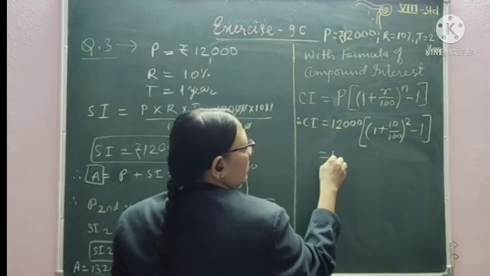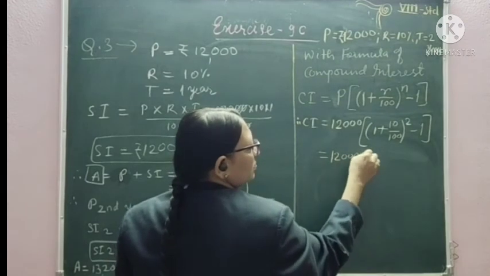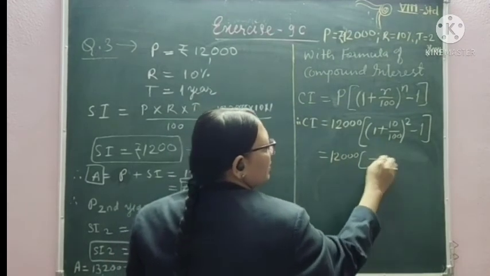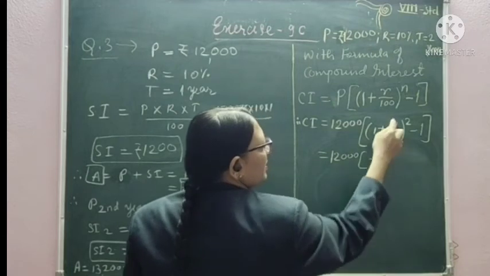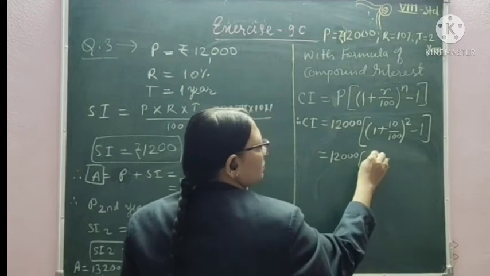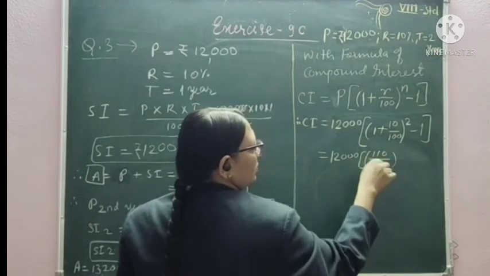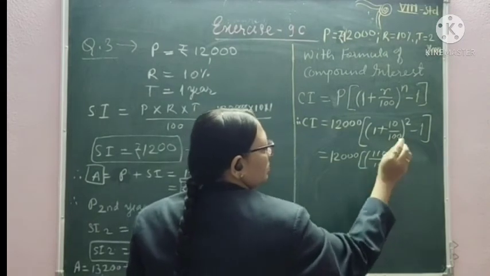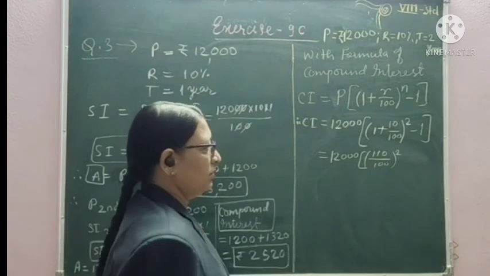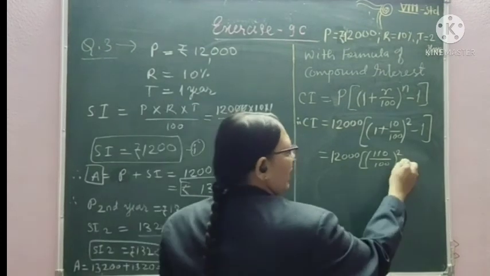The next step. 12,000 multiplied by, here LCM is 100. 100 plus 10 is equal to 110, in the bracket to the power 2, minus 1.